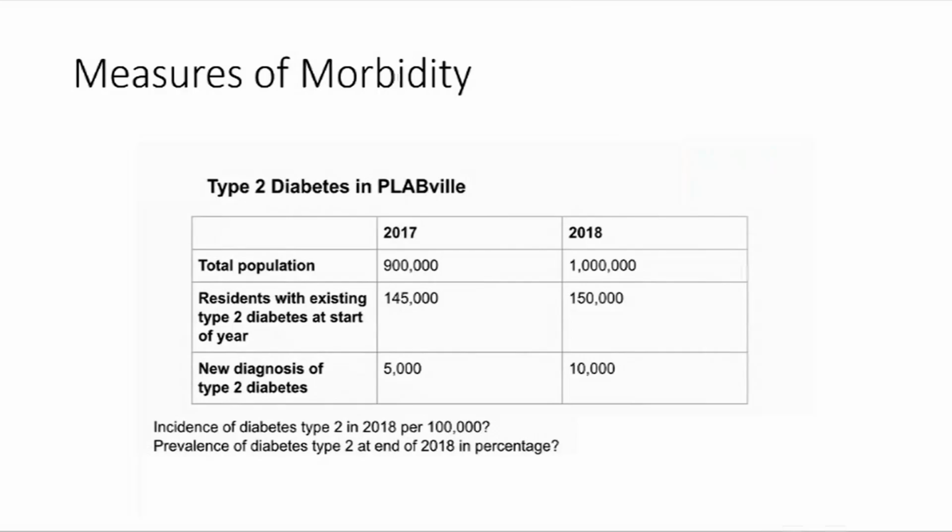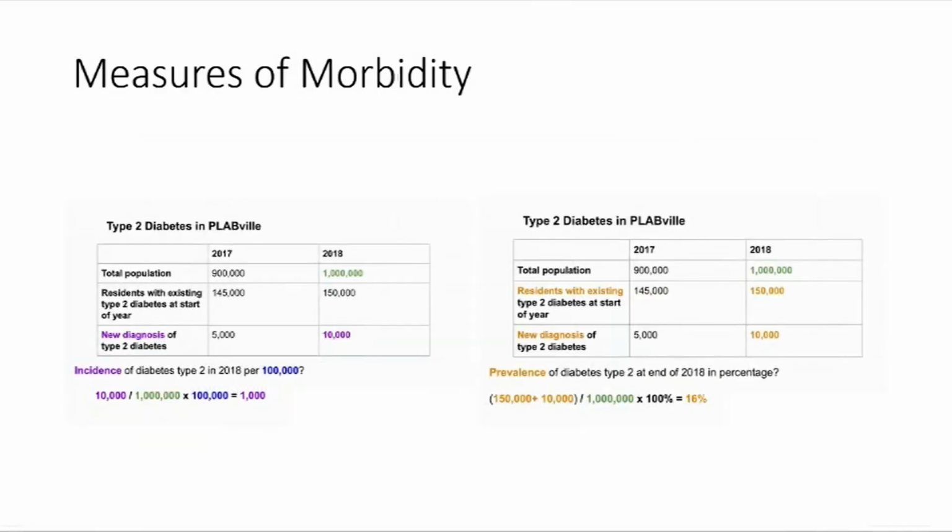Number of new cases and the old cases. And this will give us 160,000 per 1 million population. Now, if 1 million is 100%, what is 160,000? And that way you cross multiply and you get 16%, which forms the prevalence in percentage.